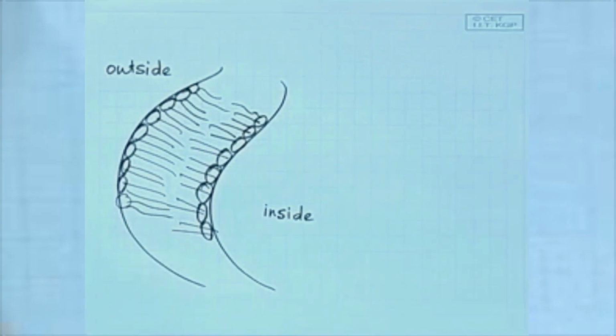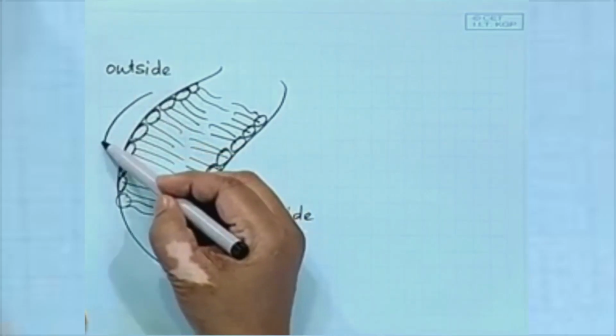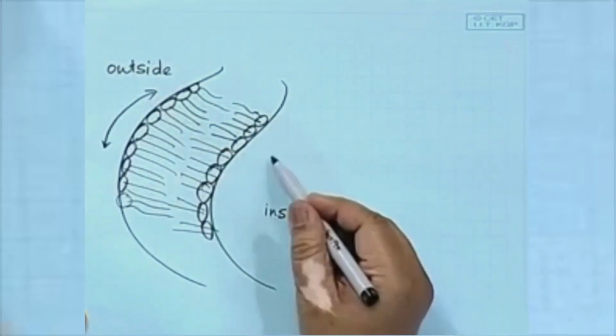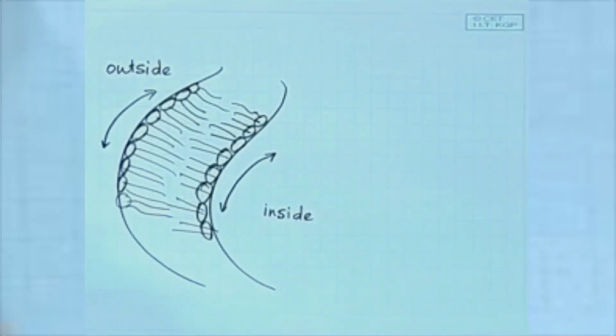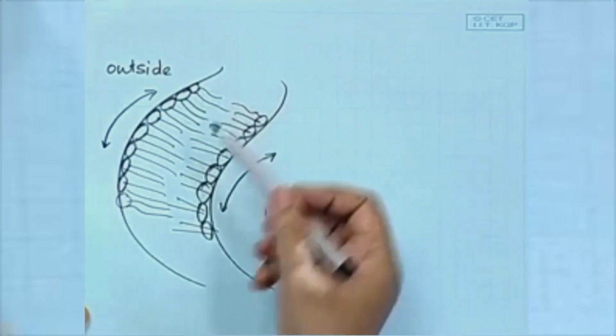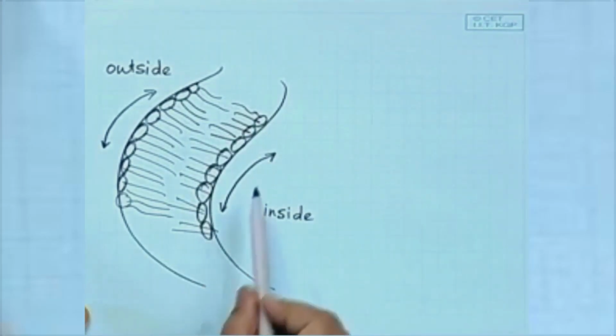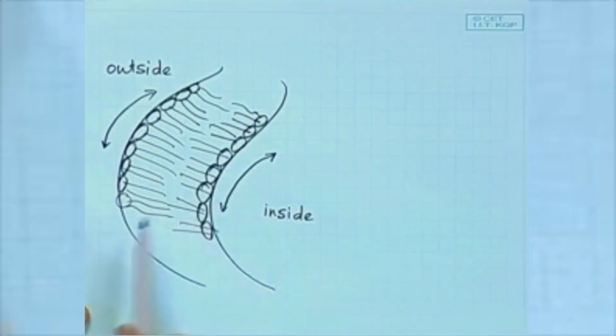So, this is what the membrane actually looks like. Now, you see that this part and this part have different curvatures, right? These are what are called two leaflets. For this curvature to occur or to be different, the lipid bilayer has to be asymmetric.